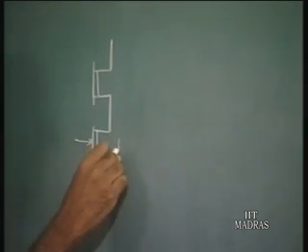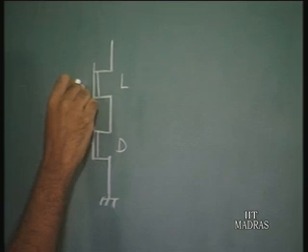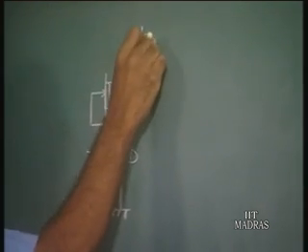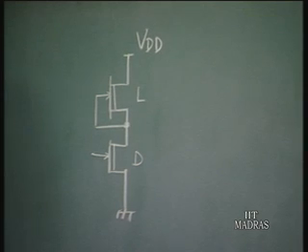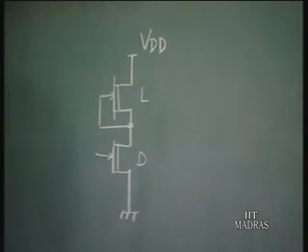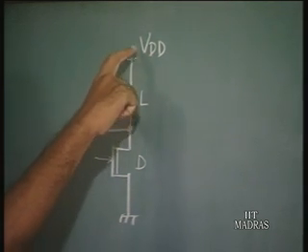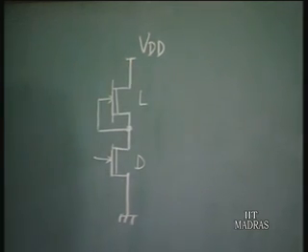This is the driver transistor and this is the load transistor, and for the load transistor the gate to source is shorted. So VGS is equal to 0, and by adjusting the VDD we can again ensure that the load transistor is always in the saturation region.